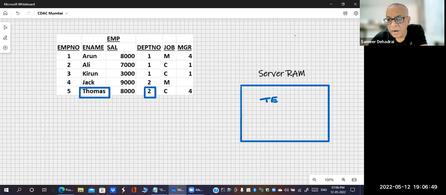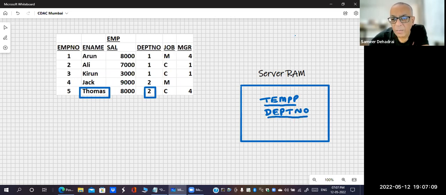It creates a temporary table. I'm giving it an alias, a name of EMPP. Of course, you can call it anything. It doesn't matter. This is a temporary table. The life of this table is only for this select statement. Afterwards, it doesn't exist. This table exists only for 2 or 3 milliseconds.